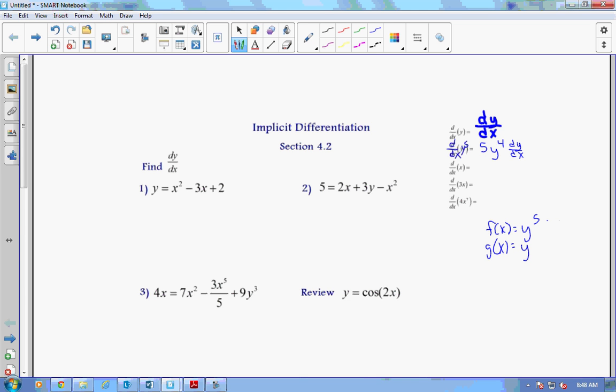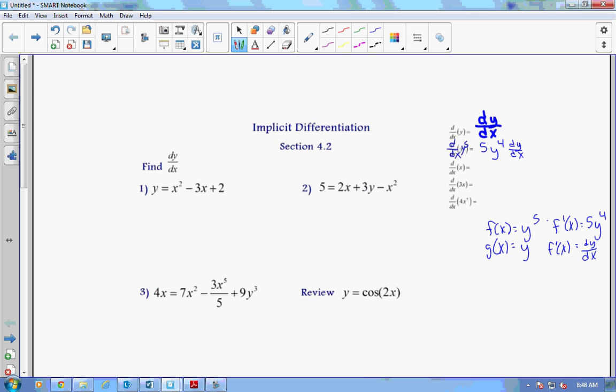The derivative of f would be 5y to the 4th, right? What's the derivative of y? dy dx.